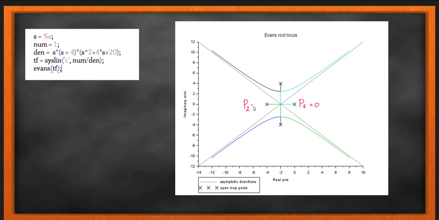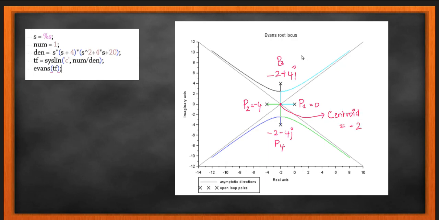So s into s plus 4 into s square plus 4s plus 20. When I'm doing that, I'm getting this p1, p2, p3 and p4. These are your poles. I have 4 poles that are pointed, and they have joined them, and that is my centroid. You see the centroid right there, at minus 2.